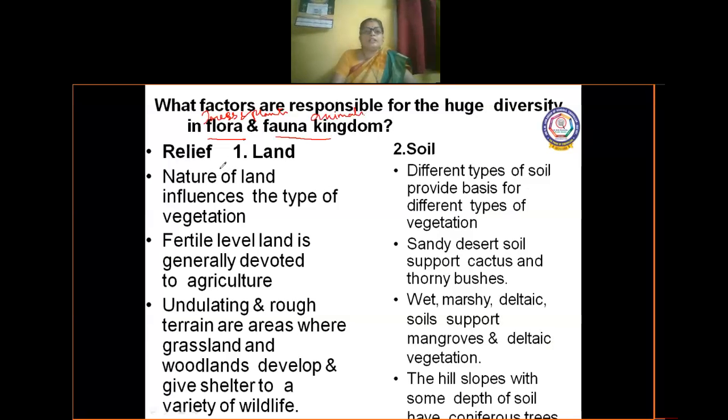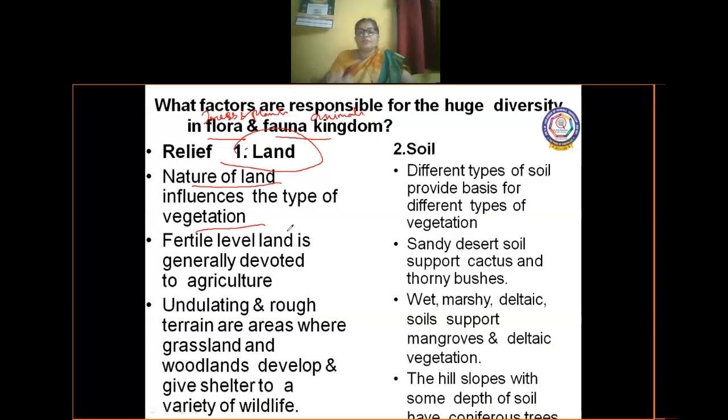So it's related to land, relief, land. The first factor: nature of land influences the type of vegetation also. You would have learned earlier in lower classes that the type of vegetation is influenced by the climate, the land, etc. So how does land influence it?